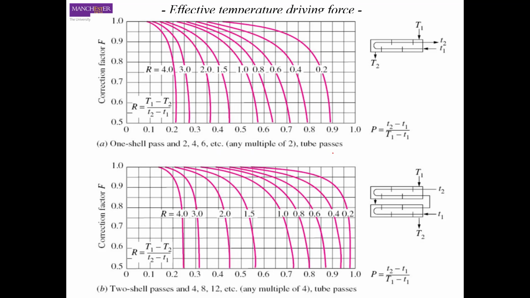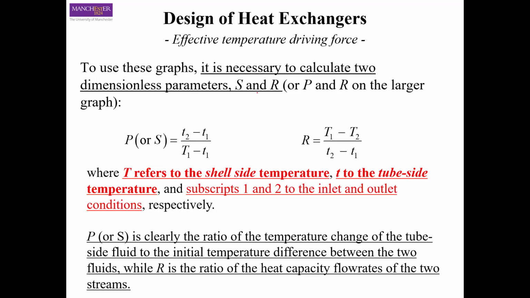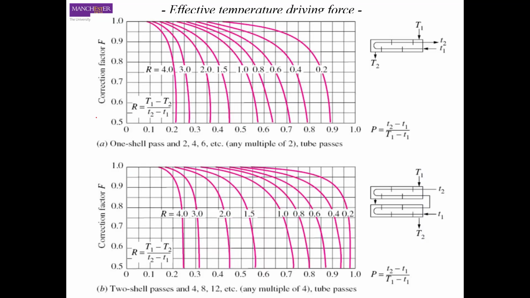To calculate the value of Ft, you need to define some temperature fractions, R and P. In some cases these are also called S and R. In some books you have one kind of notation, in others you have the other one, but there is no need to worry, because these figures always have the definitions of R and P on the figure itself.